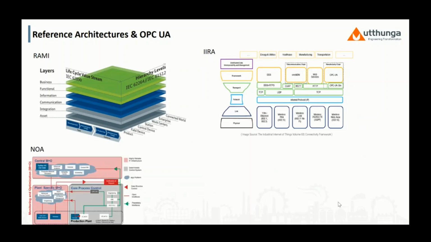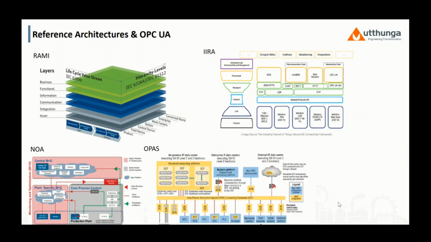And the third architecture is the NAMUR Open Architecture, where the core process control is untouched, and the proposal is to have flat hierarchies or parallel hierarchies where the data is fetched and then all the analytics are done. And the other one that is emerging is OPAS.